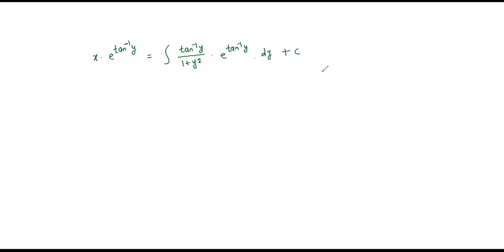Now, how are you going to find this integration? That is very important. Let us put tan inverse y equal to t. So dy upon 1 plus y square will be equal to dt.